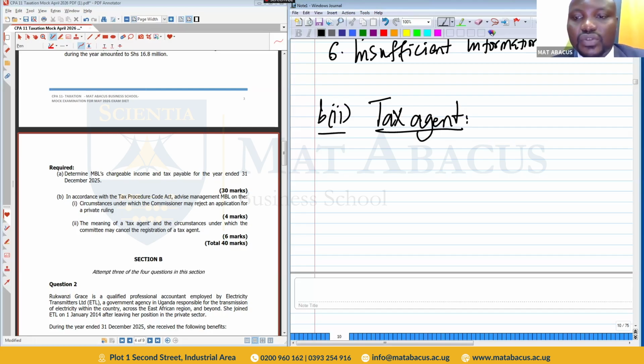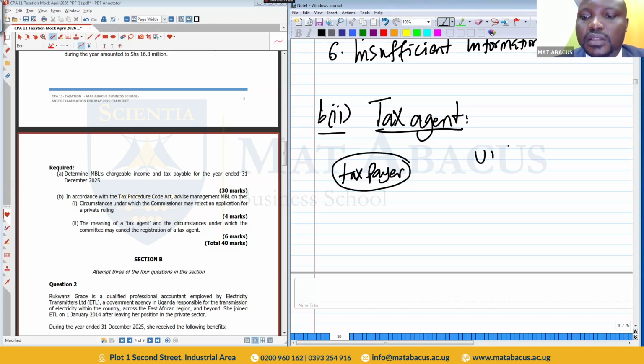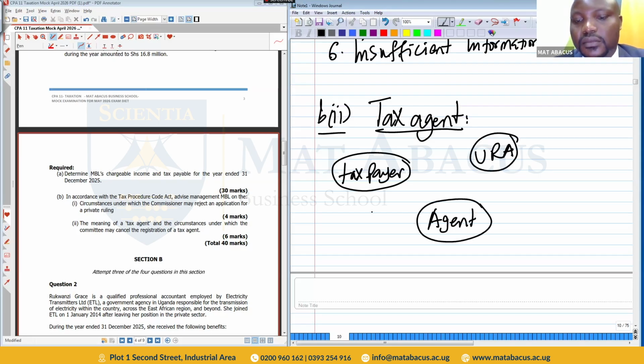So again we have 3 parties: a taxpayer, URA, and the agent. A tax agent is a person who links these parties, who deal with each other. URA wants tax from the taxpayer.